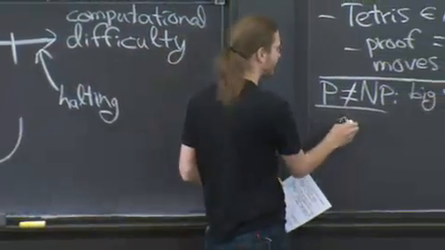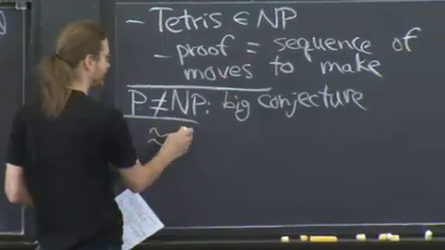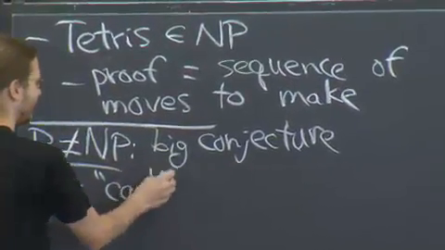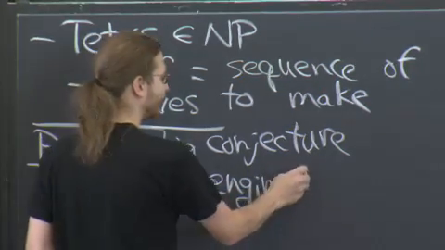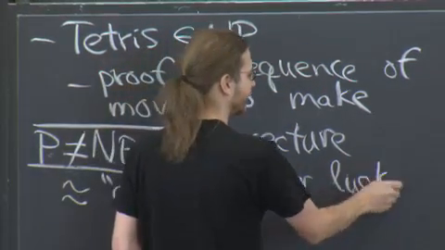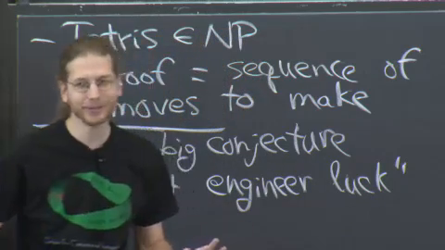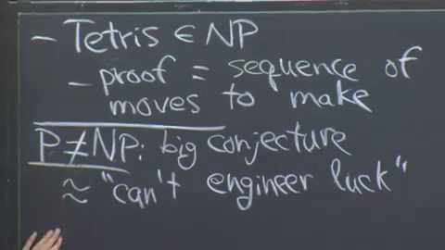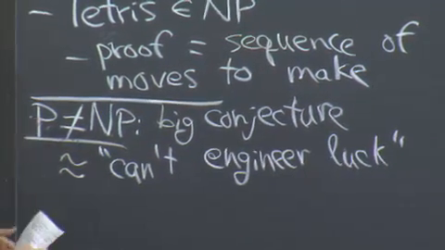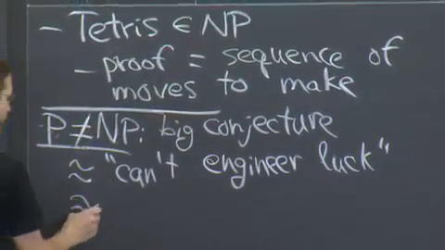So other phrasings of P does not equal NP, these are my phrasings, I made them up: You can't engineer luck. You can believe in luck if you want, but it's not something that we can build out of a regular computer. That's the meaning of this statement. And so I think most people believe that.